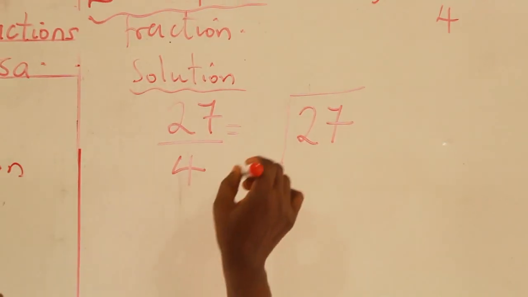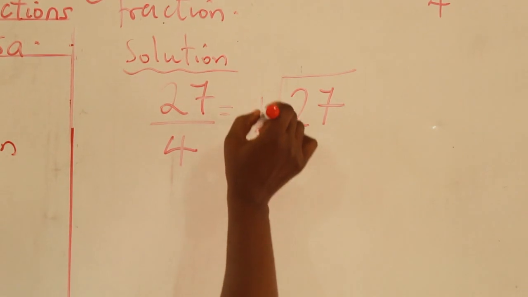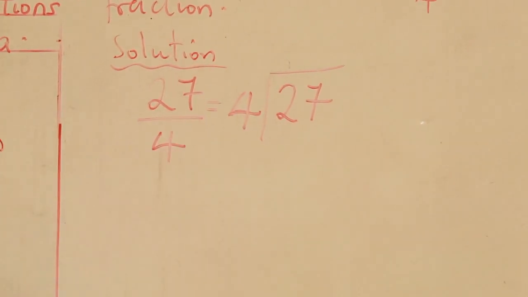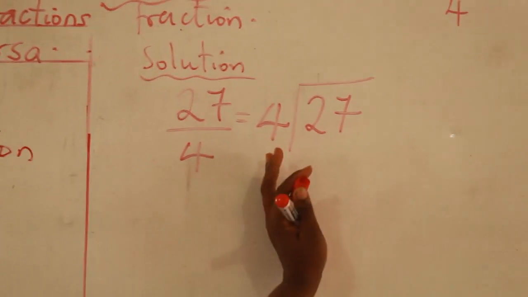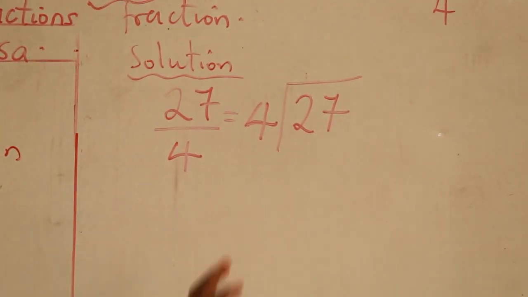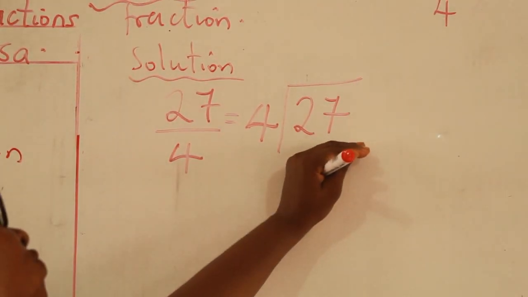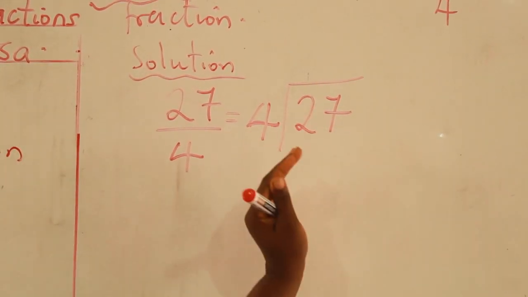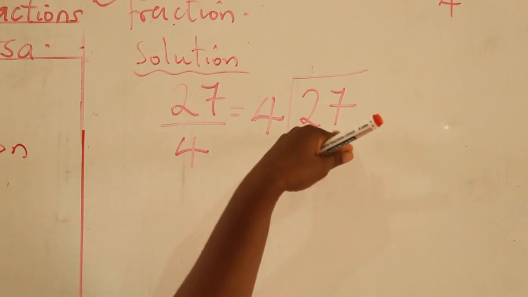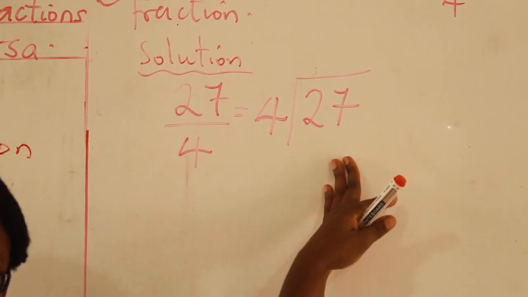Always your numerator goes inside while your denominator is outside. How many times can you count out 4 from 27? Or how many times can you see 4 in 27?